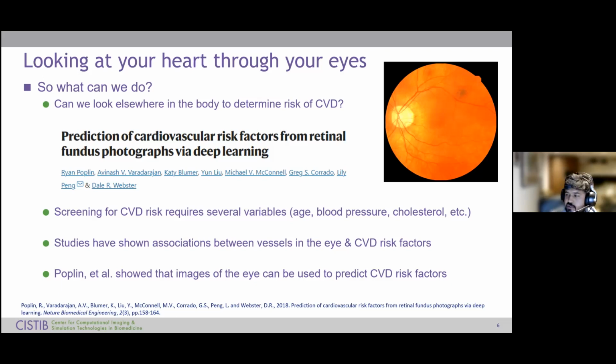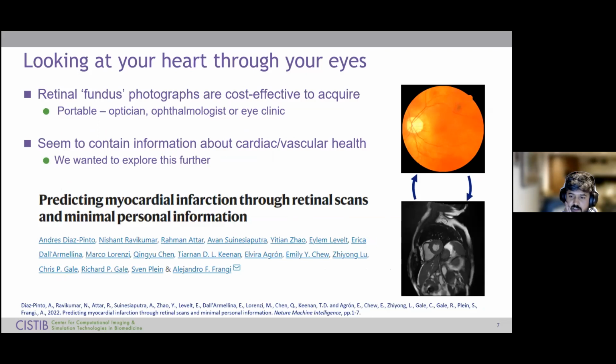So we wanted to take this one step further, and this definitely formed an inspiration for us. We wanted to see whether, instead of just predicting cardiovascular risk factors, we could actually predict risk of future adverse events, such as a heart attack. And that brought us to this study that we published just earlier this year, about a couple of months ago.